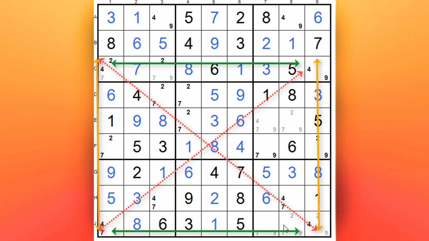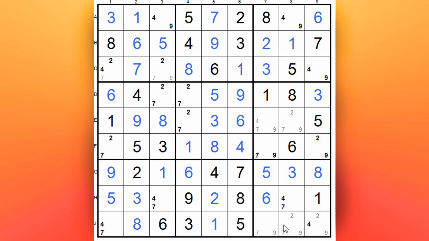Now, there was no need to use 2 X-wings, as you see there. Glenn just used the 1. Actually, having done that, we can see here now in this house, there is only 1 4, and that's the 4 there.